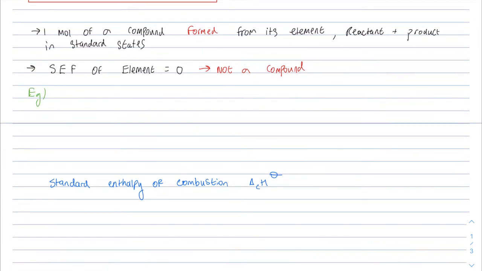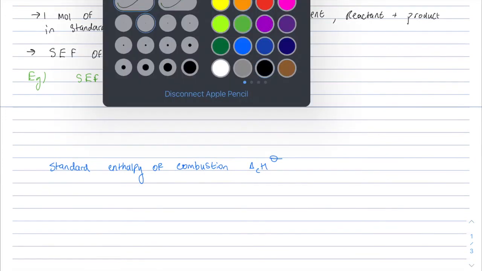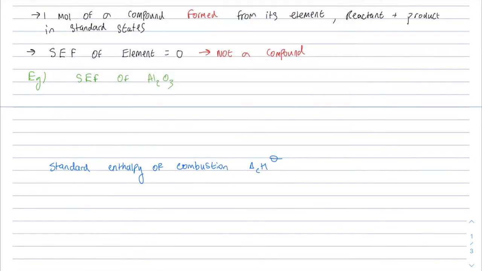Now, let's do an example. How would you write the standard enthalpy of formation of aluminium oxide? Remember that you are forming 1 mole. So, on your right hand side, put 1 mole of the compound down.